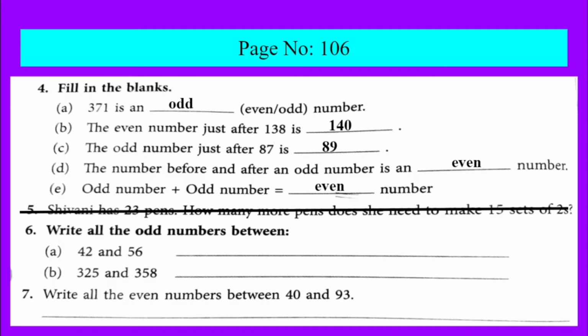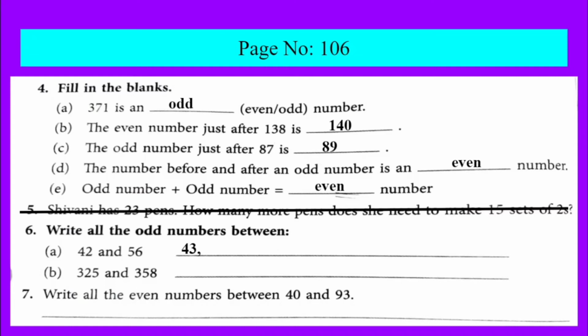So which number comes after 42? Yes, 43. Is 43 an odd number? Yes, very good. So we will write 43 over here because it ends with the number 3, which is an odd number.